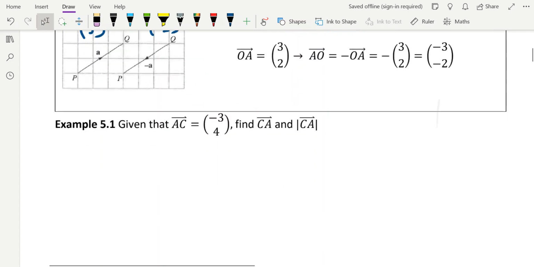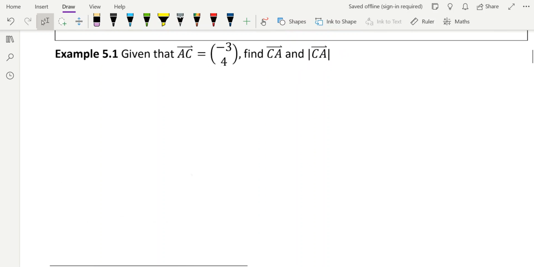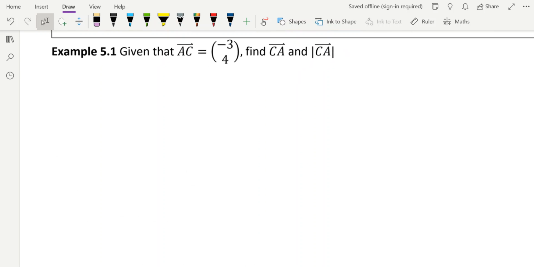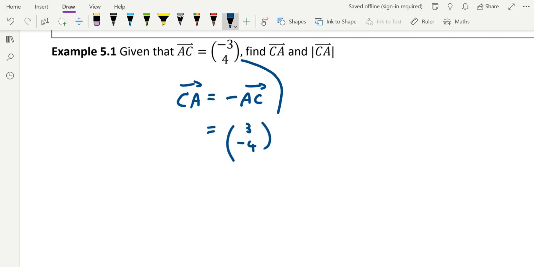In this example 5.1, AC is equal to negative 3, 4. Then what would CA be equal to? You don't have to really say that it's the negative of AC. You can immediately write it as 3, negative 4, because the negative goes to the x and the negative goes to the y. When you see this, the magnitude is equal to the square root of 3 squared plus 4 squared.